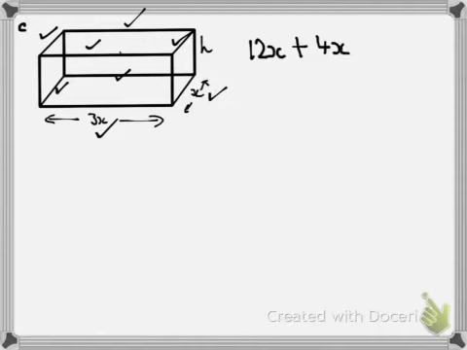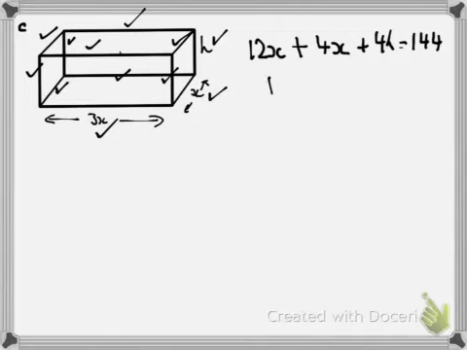How many h's have we got? We've got h there, h there, h there, and h over there. So we've got plus 4h, and all of that equals 144. So pause here if you can't see that and have a look. We've got 4 lots of 3x, 4 lots of single x, 4 lots of h, and they are the edges of the box, and they are going to make up the 144 centimetres of wire.